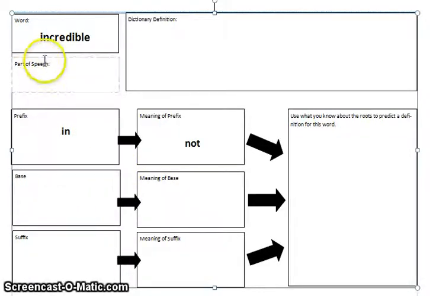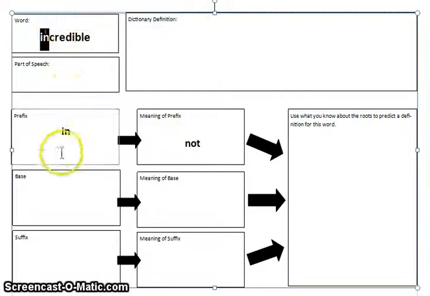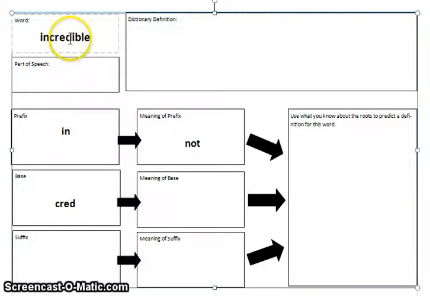Now if I look at the word, if I take in out, the next part that I have is cred. So come back down here and I'm going to type in cred. I'm going to think about that for a minute as I record what I have left of my word, ibble.